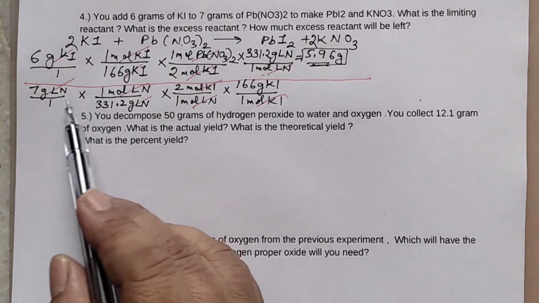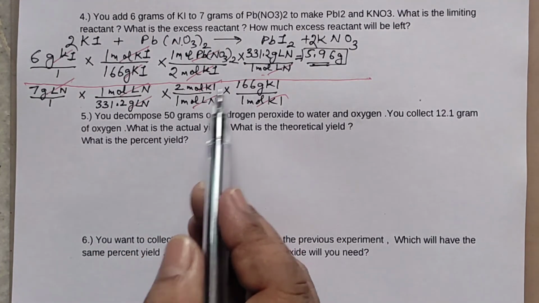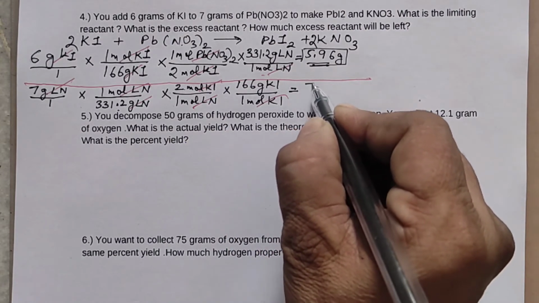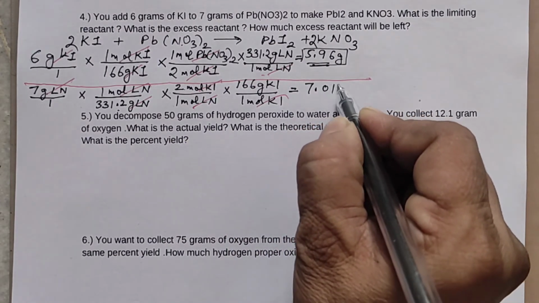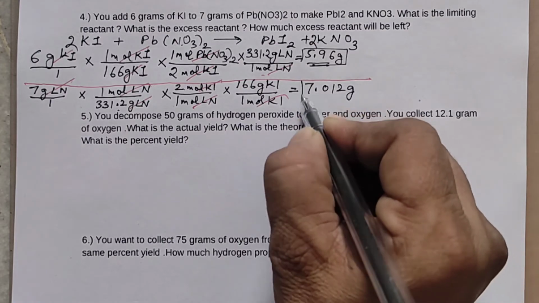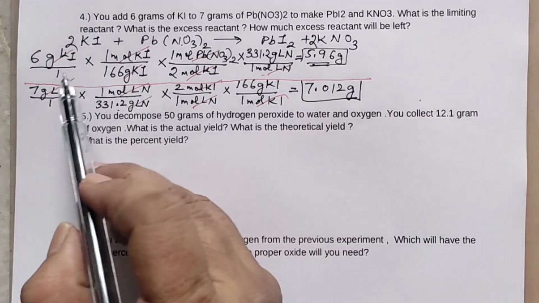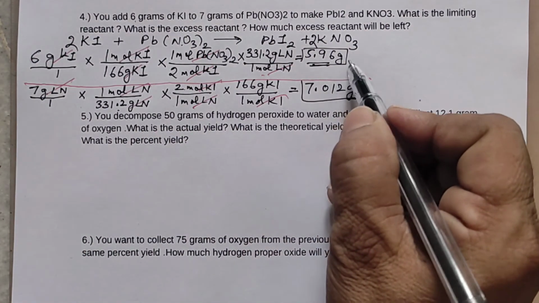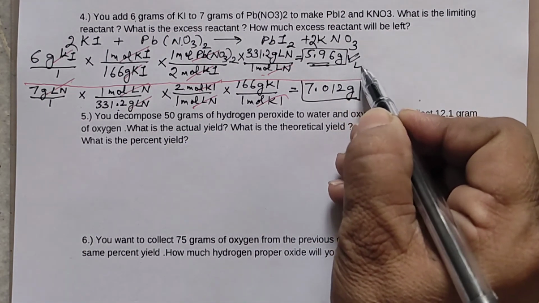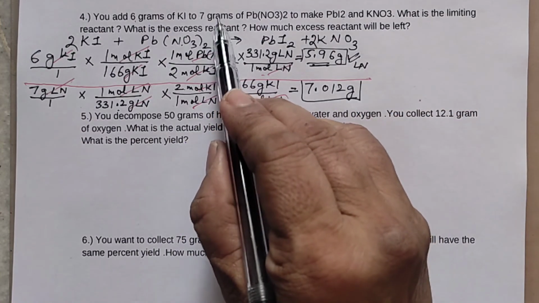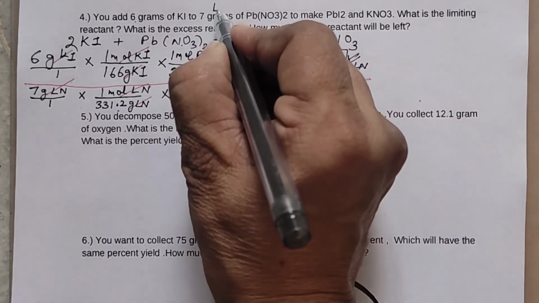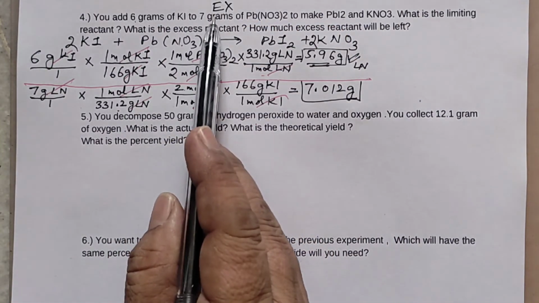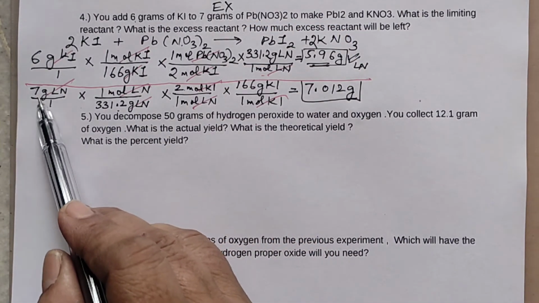So when you solve this, 7 into this divided by 331 point something, you get the answer as 7.012 gram. That means to react with 6 gram of potassium iodide, you require this much of lead nitrate, but you are having 7. That means lead nitrate is your excess reagent. And if you use 7 grams of lead nitrate, it's enough.